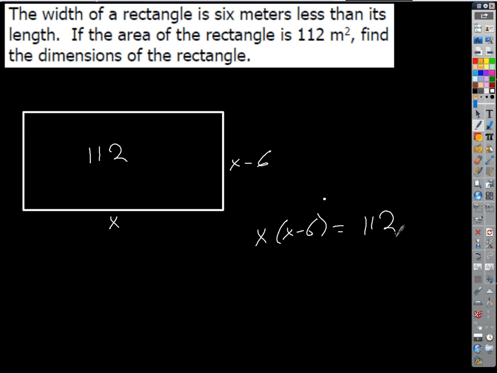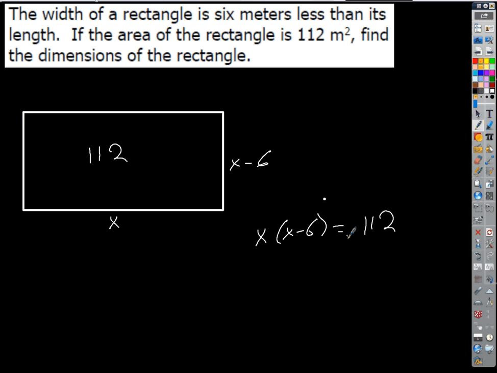Here's why: you always want to be very forward thinking when you're doing math. From this point forward in your math careers, you always want to try to map a route to an answer. If I were to distribute the x, I'm going to get x squared. That's a quadratic equation.